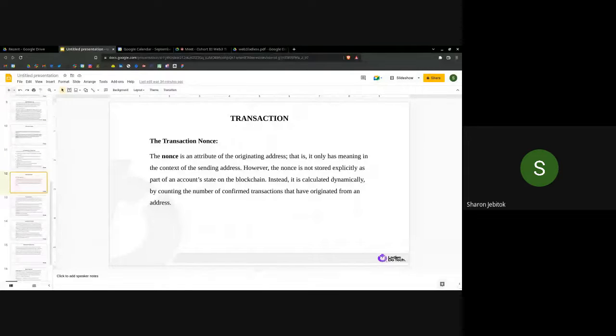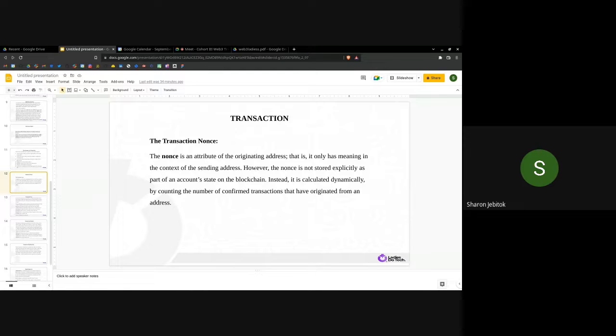Okay, so starting with the transaction nonce. A nonce is an attribute of the originating address. That is, it only has meaning in the context of the sending address.